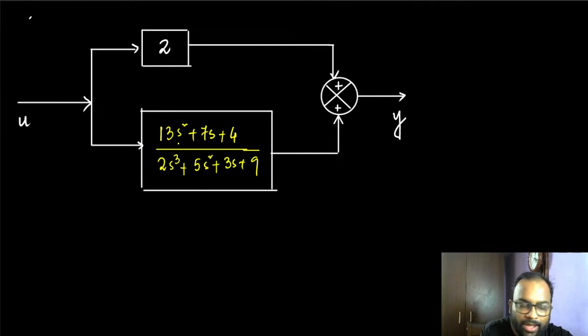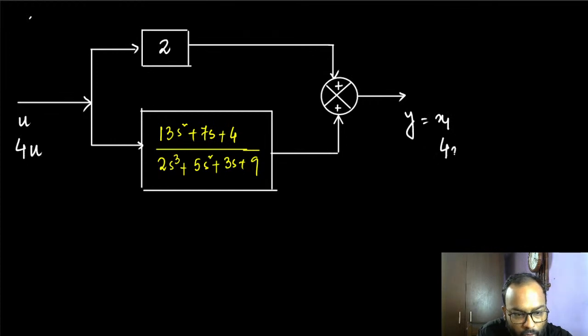What is going to happen to this? Exactly what happened before. If the input is U, I know the output is x1. Similarly, if the input is 4U, the output is going to be 4x1. If the input is U dot, the output is going to be x1 dot. If the input is 7U dot, then the output is going to be 7x1 dot.